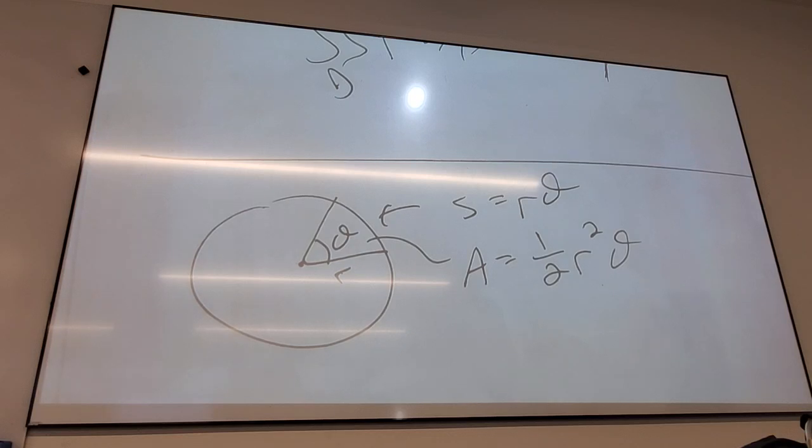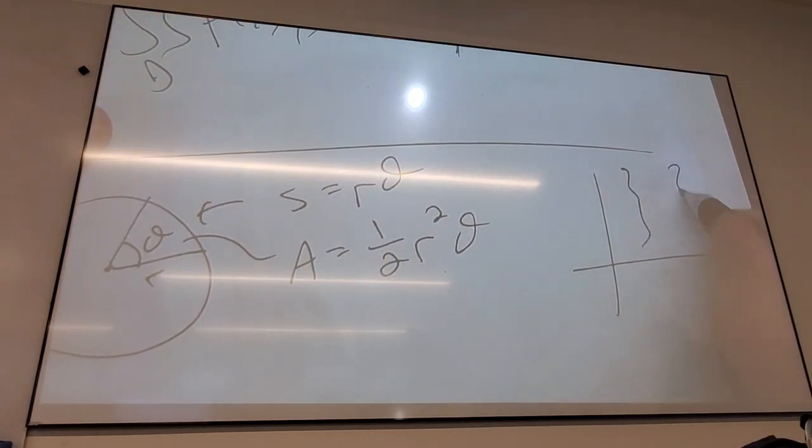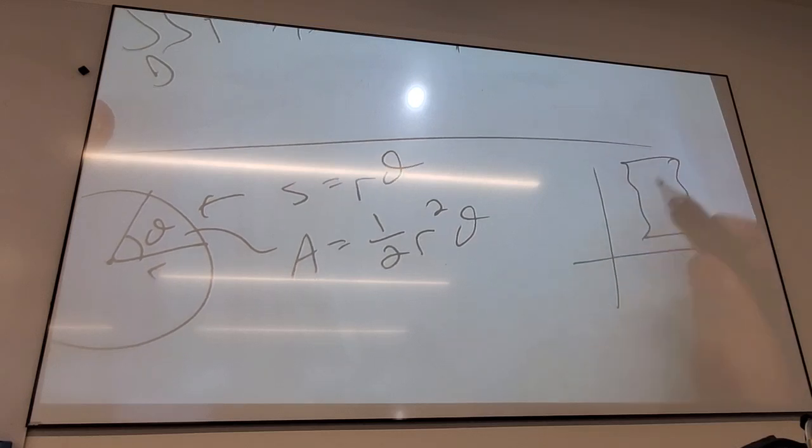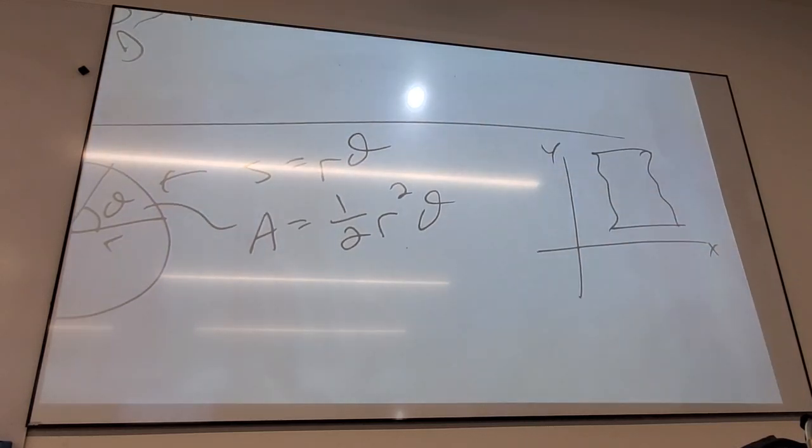Now, remember very quickly how I'd have a type 2 region, I think they called it, in x and y. All that kind of business. And we talked about one or the other being dy dx or dx dy.